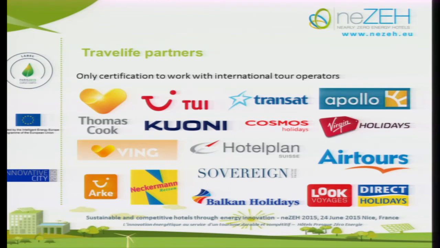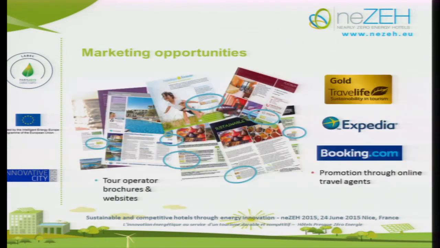But we also work with Thomas Cook in Germany, Thomas Cook in Belgium, TUI in the Netherlands. You can see some of the TUI brands down there. We also work with Cosmos, Kuoni, all across the world. And they use Travel Life in their brochures.